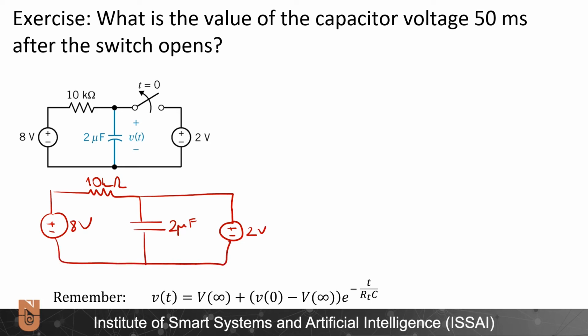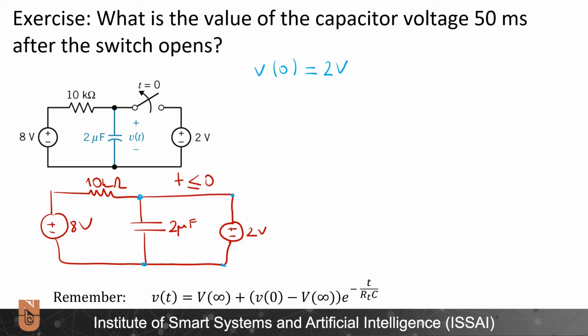So when we look at this circuit for t less than or equal to 0, we realize that the 2 volt source is in parallel to the 2 microfarad capacitor, and considering that the circuit is at steady state, we can write that V0 is equal to 2 volts.